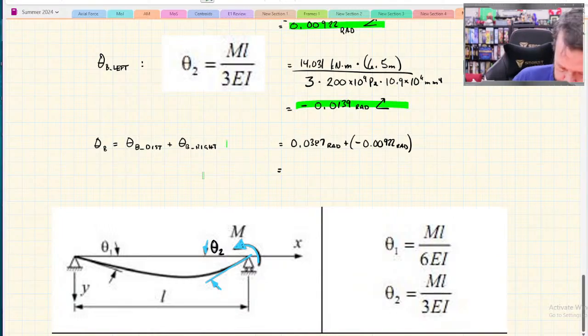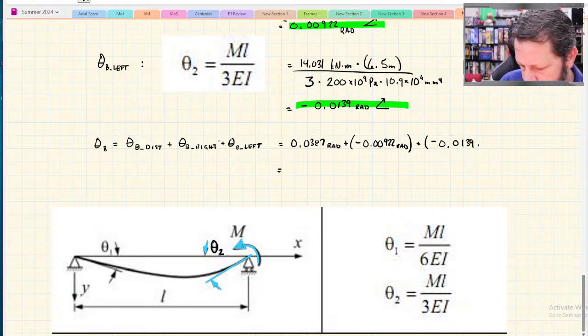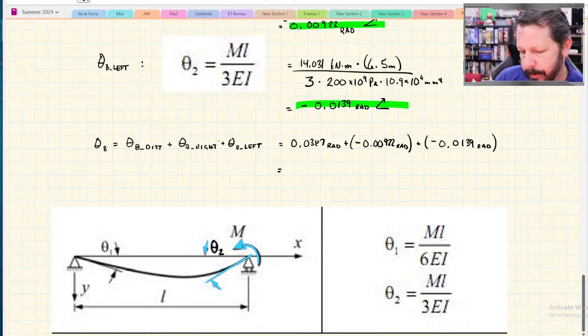All right. So our total is, plus theta B from that left hand, which I labeled as the blue distributed load. So it'll be a plus, but it's a negative number the way I've got them situated. Although when I looked at WebWork, it says that I've got my signs backwards, but that's okay.